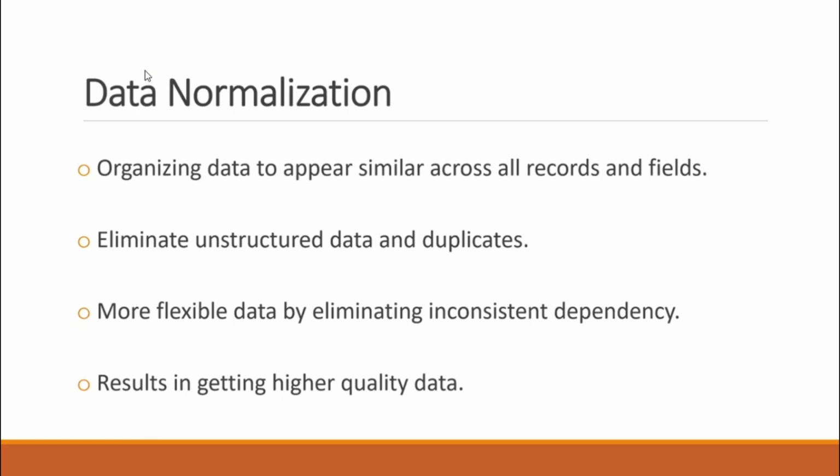And the main objective of data normalization is to get higher quality data, right? So that is what you get after the data cleaning process or after the data transformation process. It results in getting higher quality data, and that is what all analysts or all data scientists, at the end of the day, want: higher quality data, right?